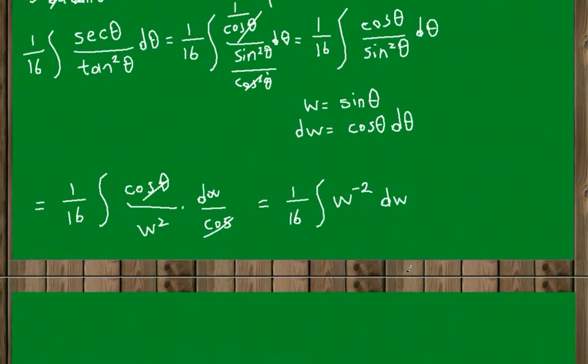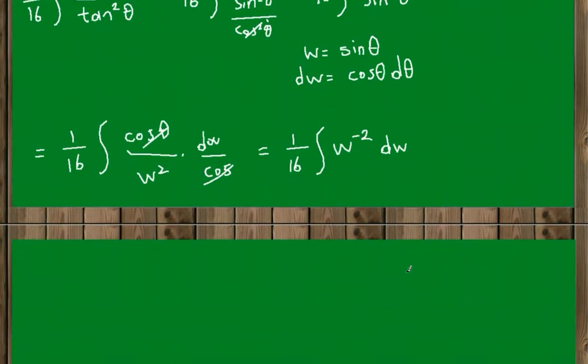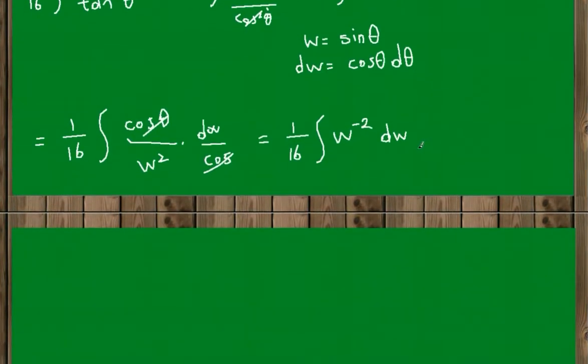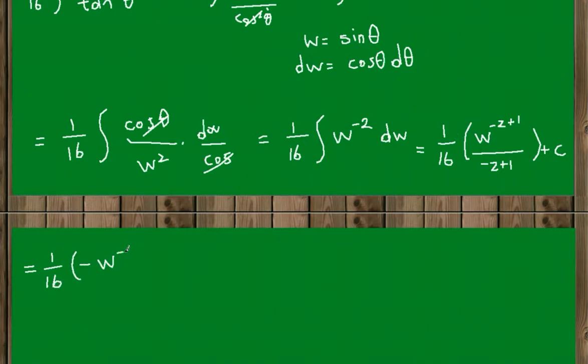Now we can take the antiderivative of w raised to the negative 2. We're going to add 1 and divide by the new power, plus c. So 1/16 times negative w to the negative 1 plus c.